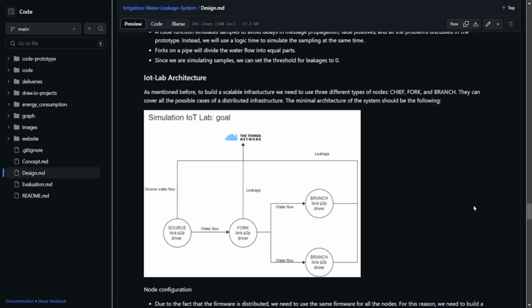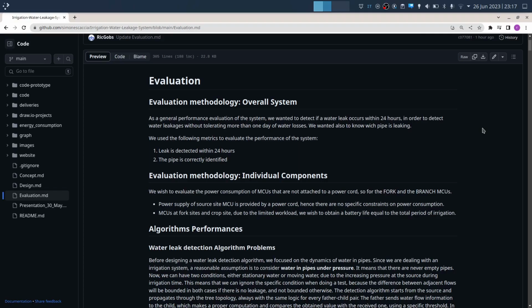The nodes communicate with each other using the RIOT Semtech radio drivers implementation, sending asynchronous messages containing the water flow value. Each node also sends a leakage message to The Things Network using the RIOT adaptation of the Semtech LoRa32 implementation.